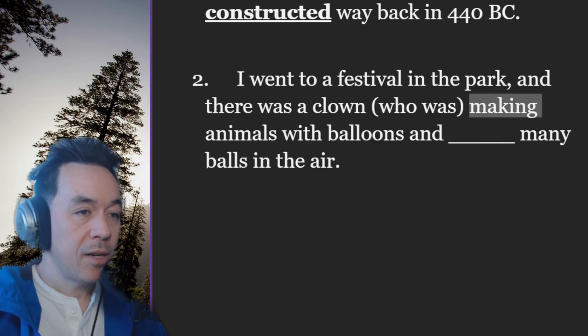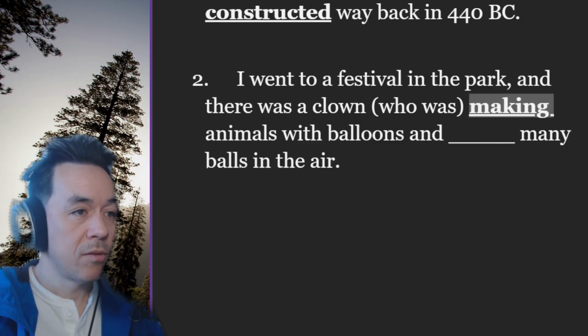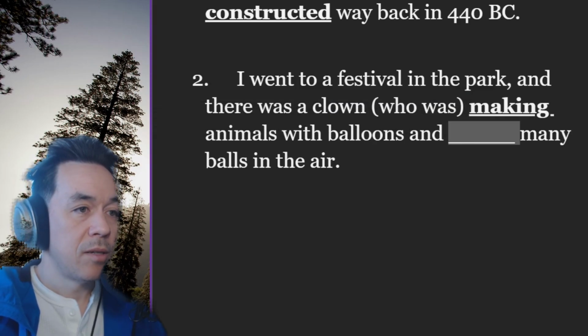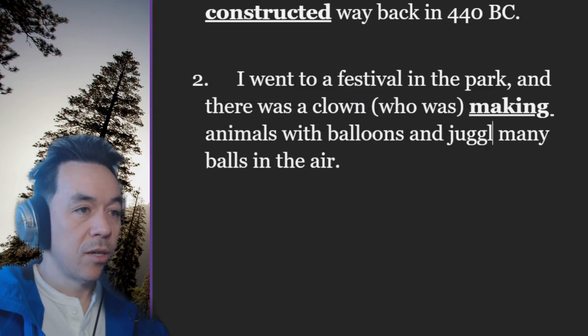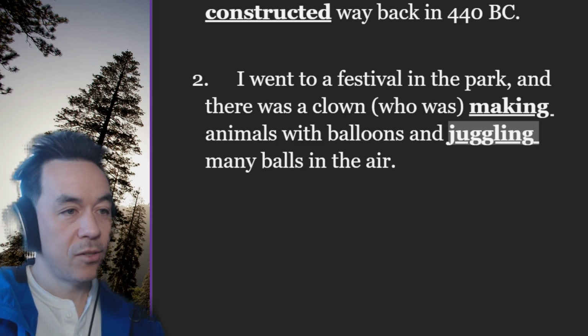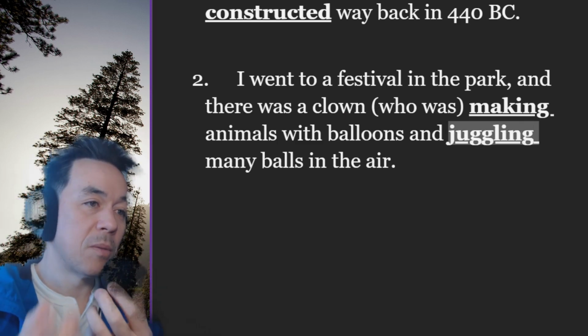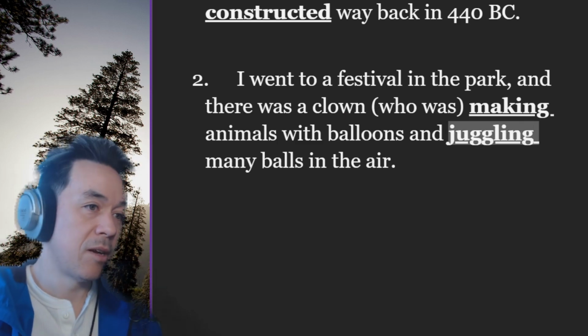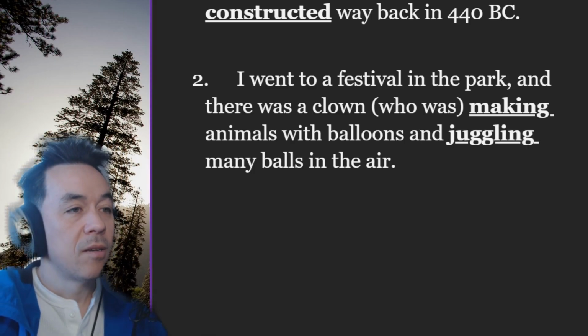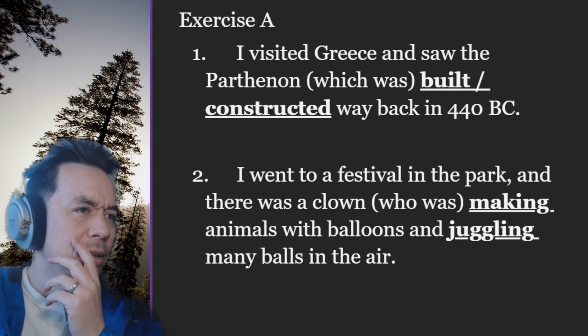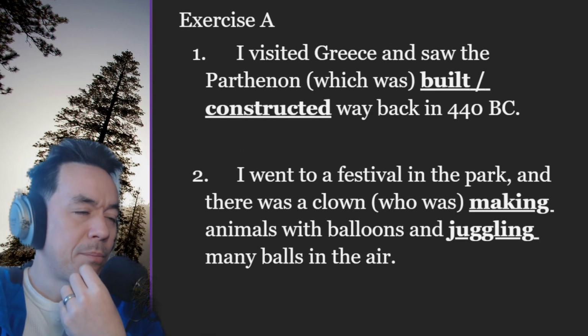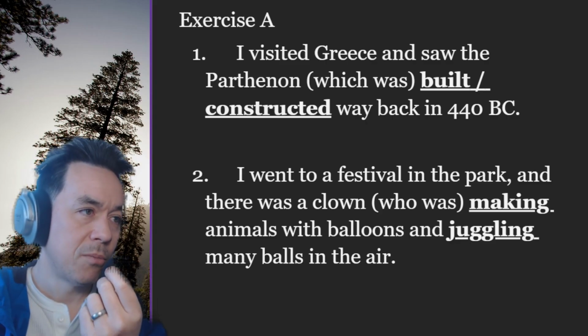It's a clown making animals with balloons, and who was what? Balls in the air. That's going to be juggling. Okay, juggling. That's that performance style of throwing things in the air, juggling. Okay, so yeah, look at that. That's different. By practicing this, your listening will improve.